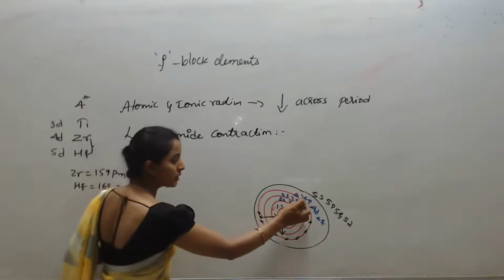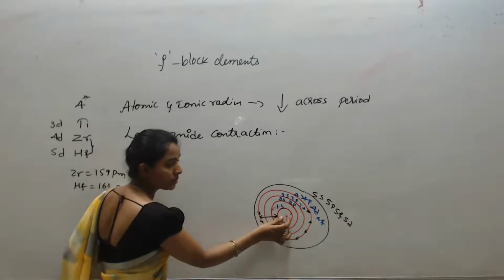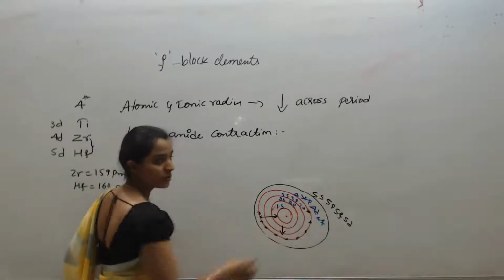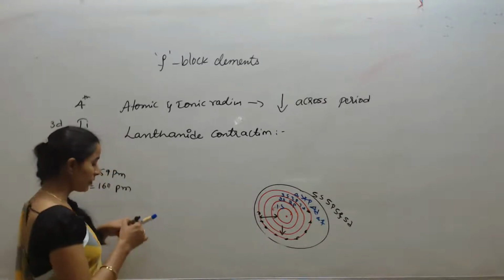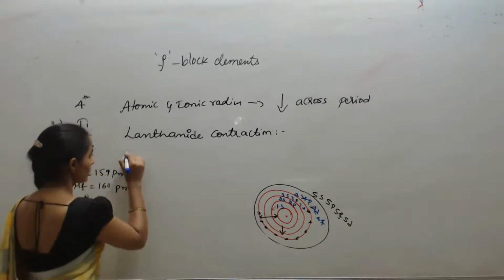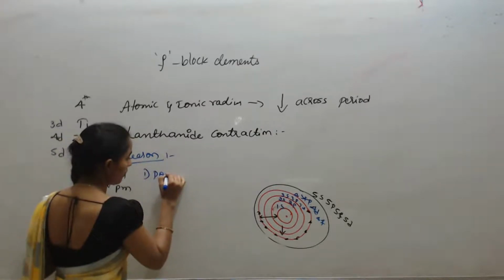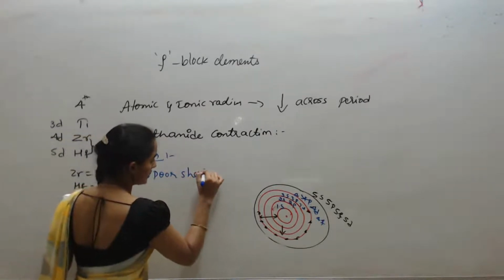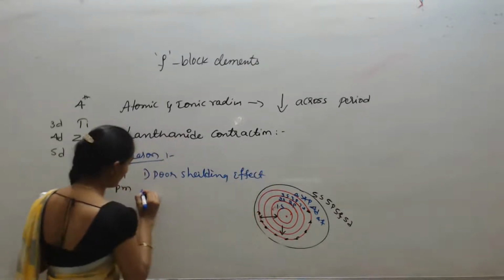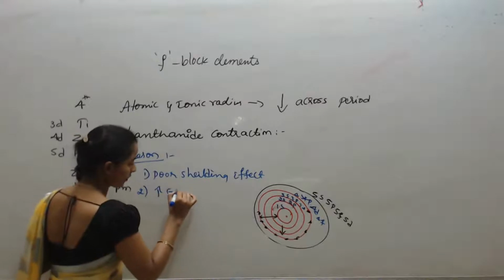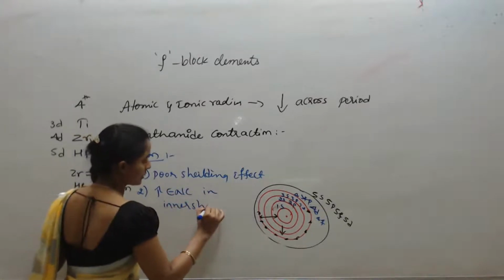Because these electrons entering here prefer attraction towards the nucleus than repulsion towards the outer electrons, they possess what? Poor shielding effect. The reason for lanthanide contraction is poor shielding effect and increase in effective nuclear charge in the inner shells.